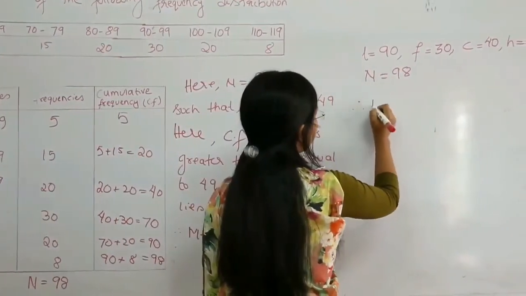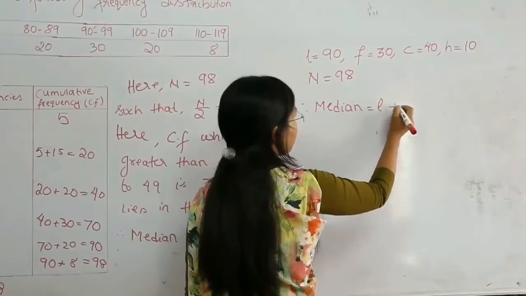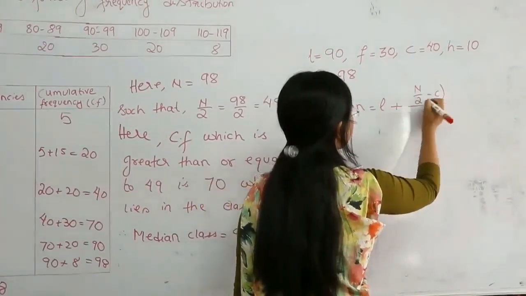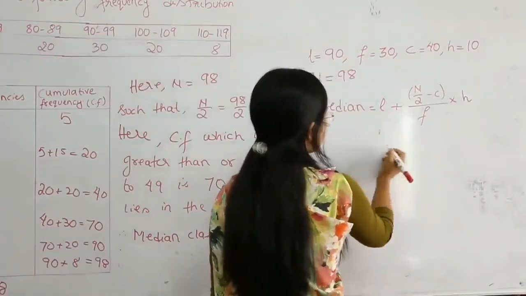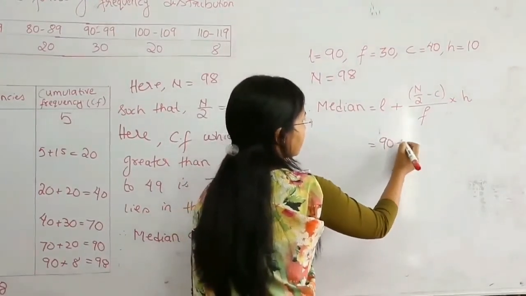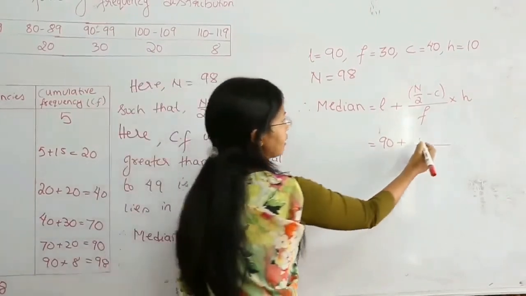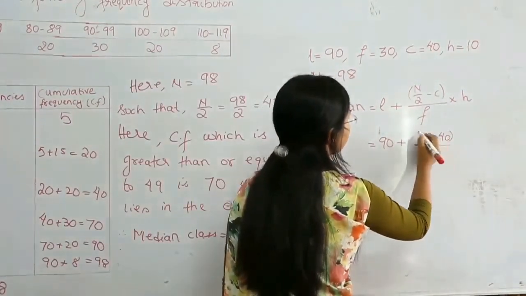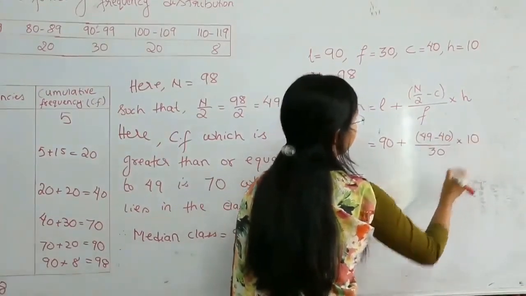So now let us try to find what will be our median. Therefore median, using the formula, is L plus (n by 2 minus C) divided by F, into H. Substituting the values here: our L is 90, plus n by 2 is 49, and our C is 40, F is 30 and H is 10.